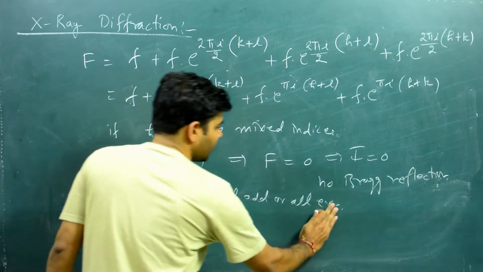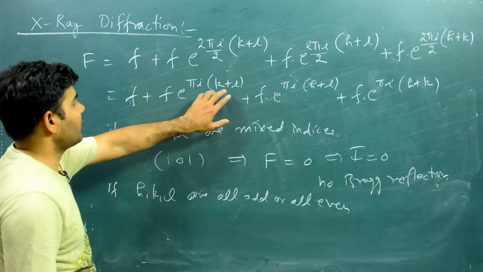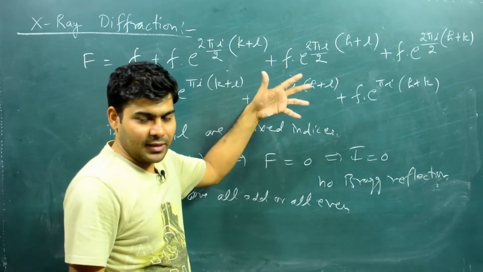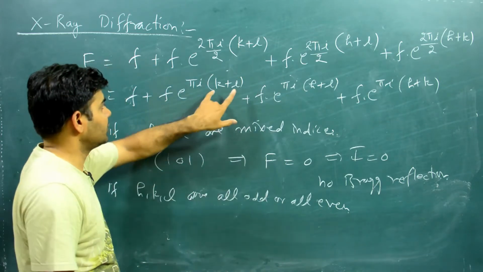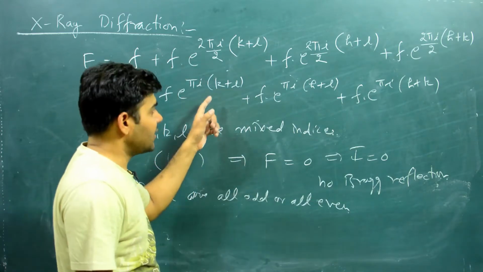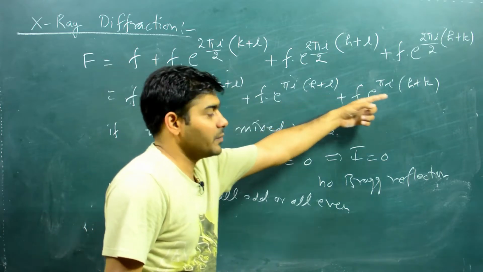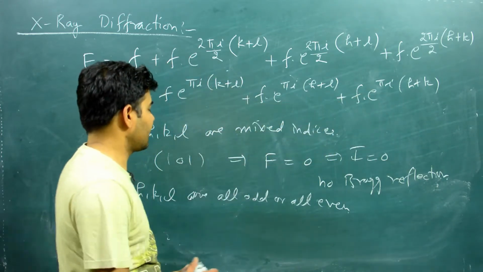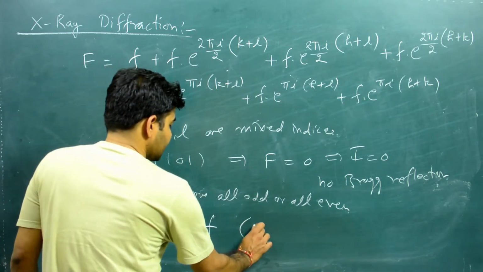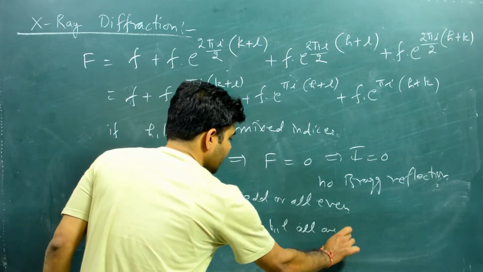If they are all odd, the sums come in pairs of these Miller indices, and odd plus odd will be even each time. So ultimately we will have capital F to be 4f, in case h, k, l are all odd.